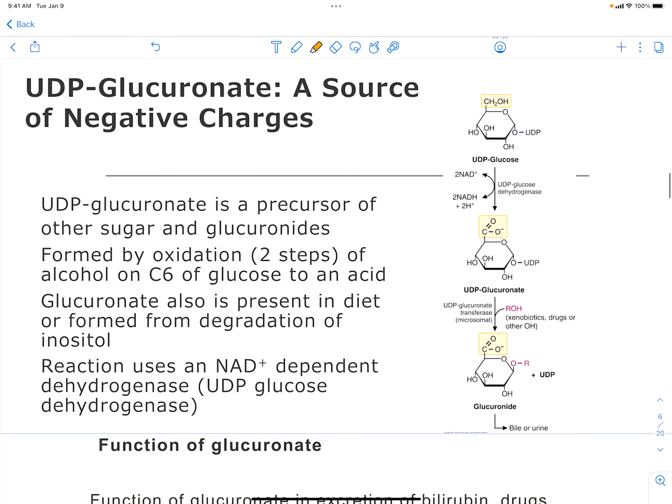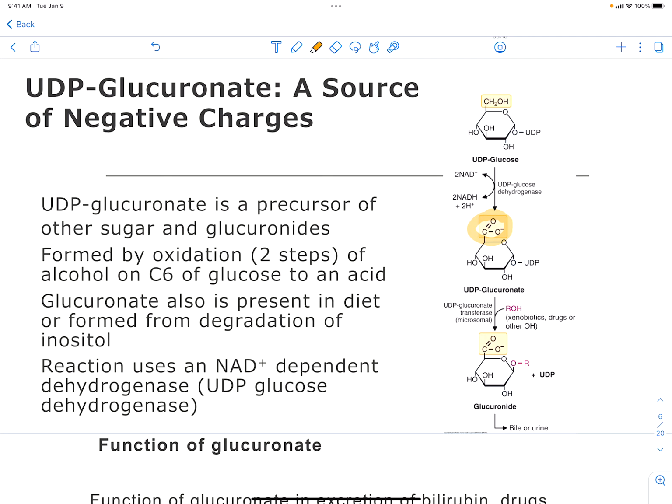Now, UDP glucuronate is going to be negatively charged, and it starts with UDP glucose. UDP glucose will become, through UDP glucose dehydrogenase, which will reduce NAD, and will oxidize your glucose basically to make UDP glucuronate.